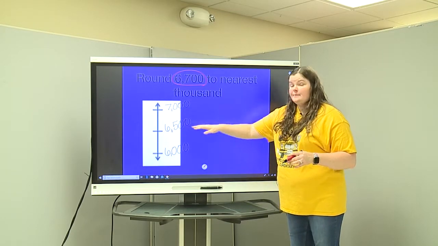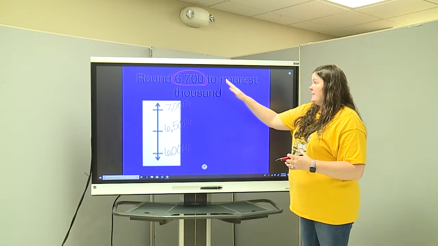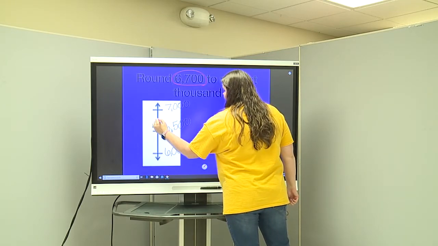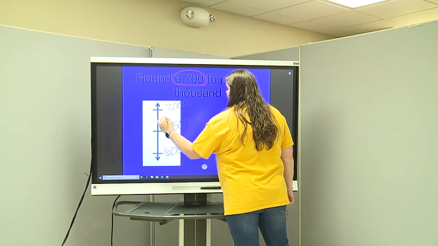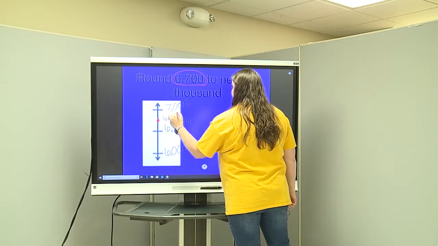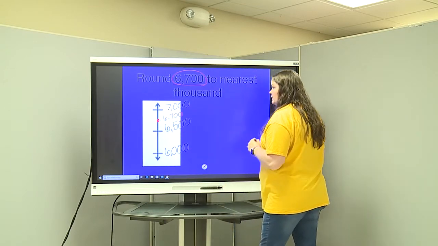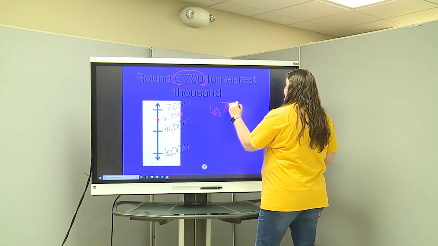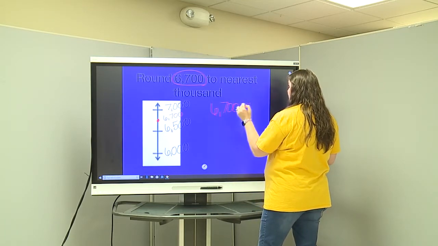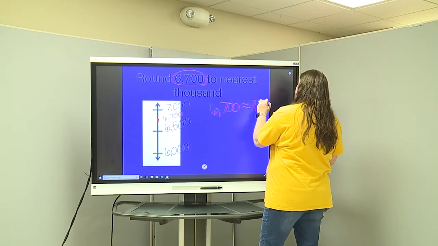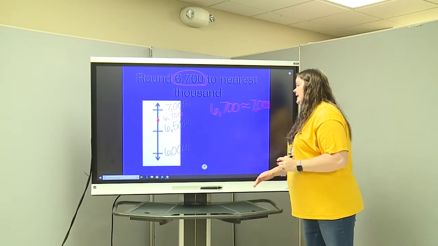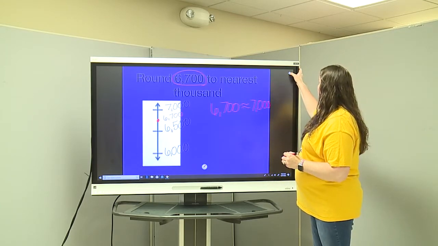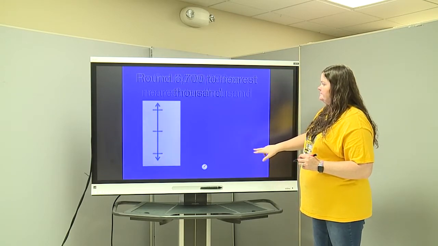Well, I know that my midpoint is only 500. My number is 700. So it needs to be above that midpoint. So I can just fill it in right there. So I see that it's above my midpoint. So 6,700 is about 7,000. It would definitely round up because it's above that midpoint. All right, great job on that.